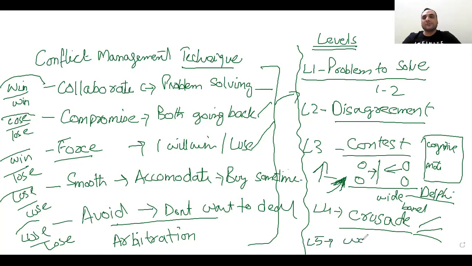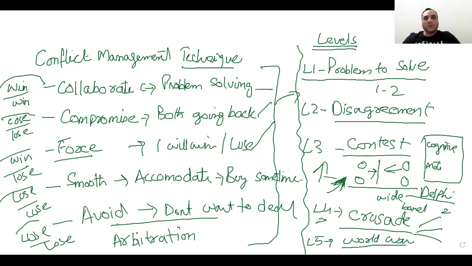And level 5 is world war. World war means they were maybe 2 groups, but now you cannot do anything. No techniques, no resolutions. Even the benefits of throwing out a few people will not be enough. Maybe you have to replace the resources.